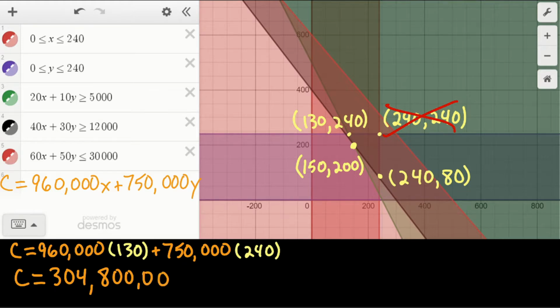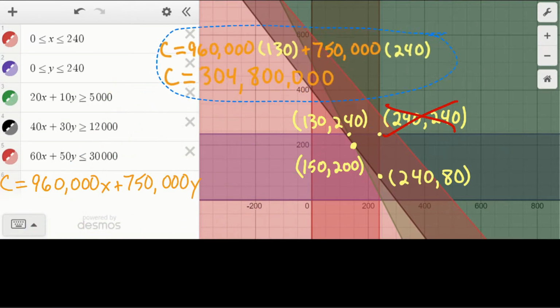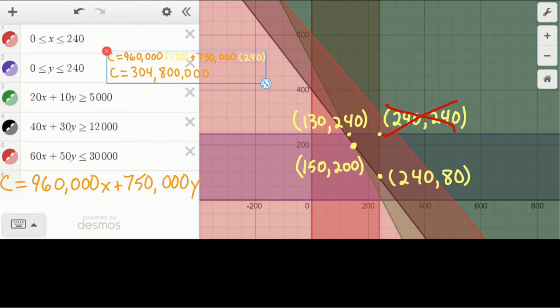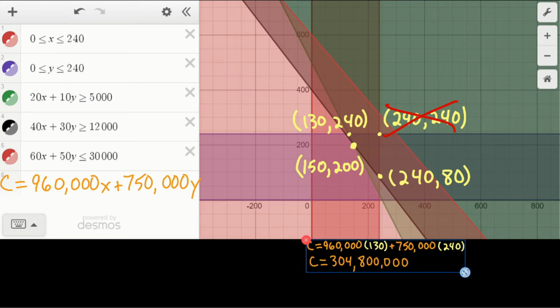So let me see what's going to be the best way to do this. I think I'm going to copy it and I'm going to shrink it down, put it up. I'll just put it right here. Okay. The next one, cost is going to equal 960,000 times, I'll do the 150, 200.